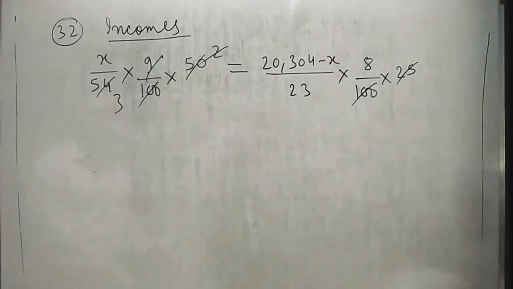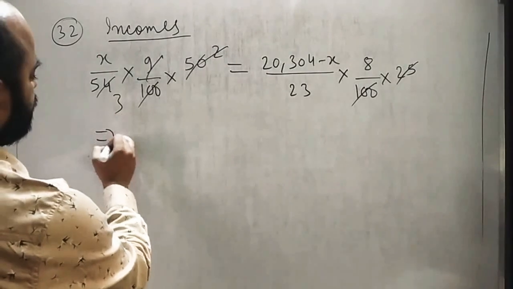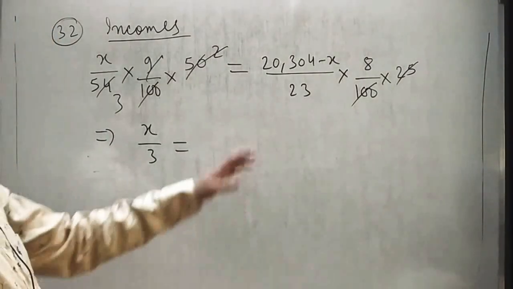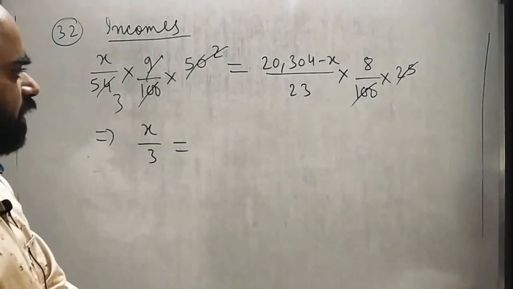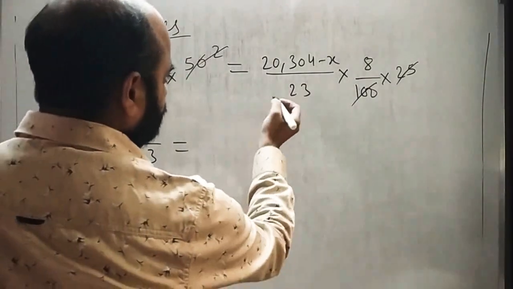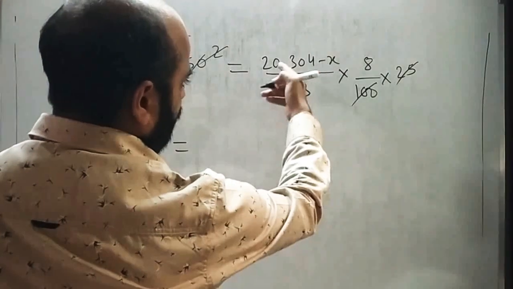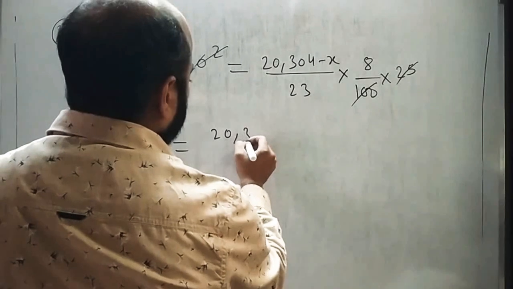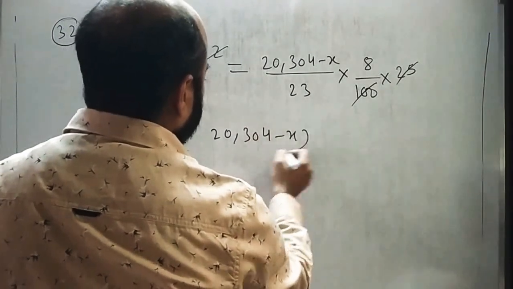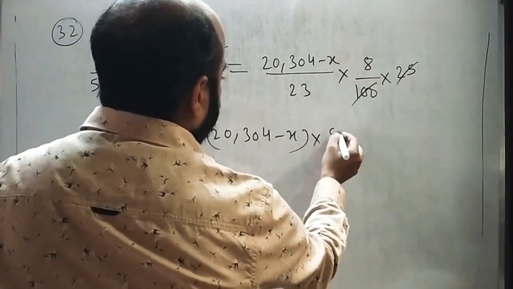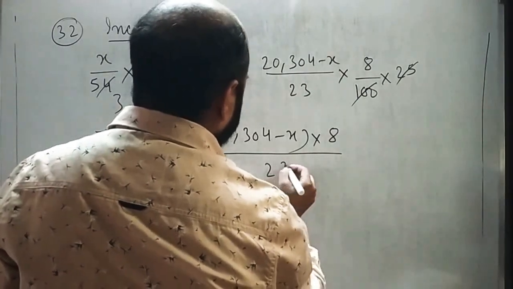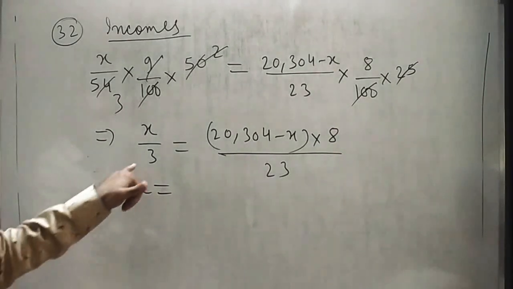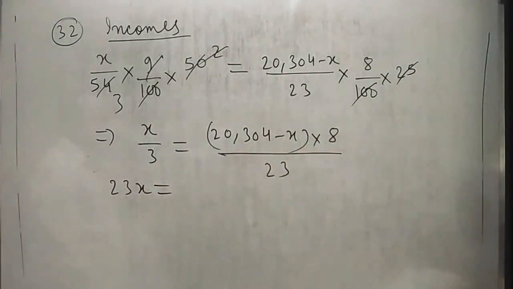Now what is left? So here it is left is X upon 3, but here nothing can be cancelled. So directly we can write what is left. So this is 20,304 minus X into 8 upon 23. So finally this will come 23X and this will come 24, correct?